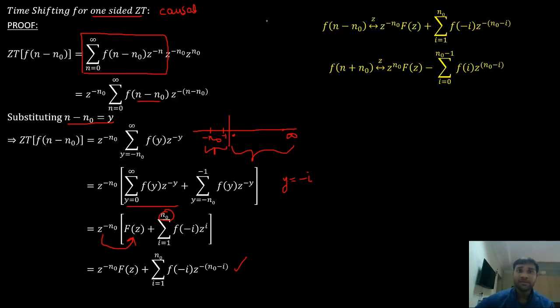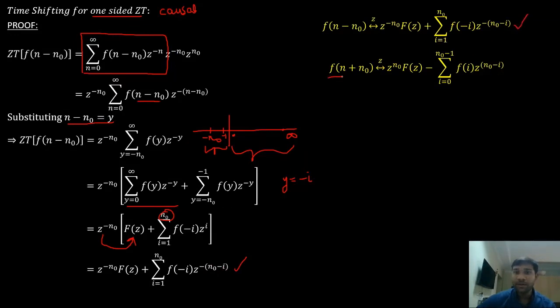So the time shifting property for a one-sided z transform is: f of n minus n naught has a z transform, z to the power minus n naught into f of z plus summation I equals 1 to n naught f of minus I z to the power minus n naught minus I. Right?